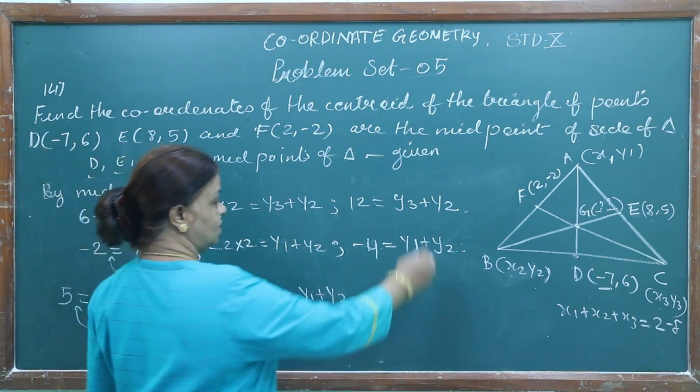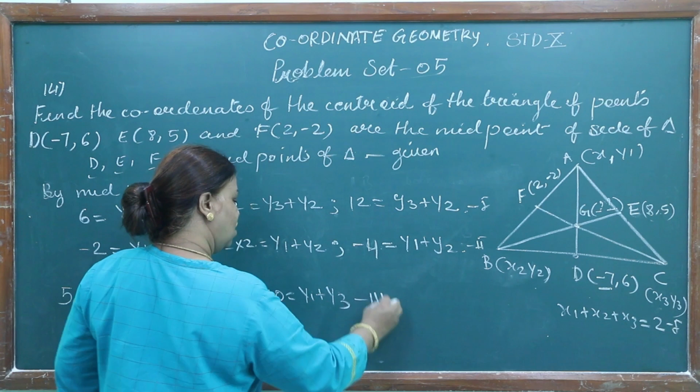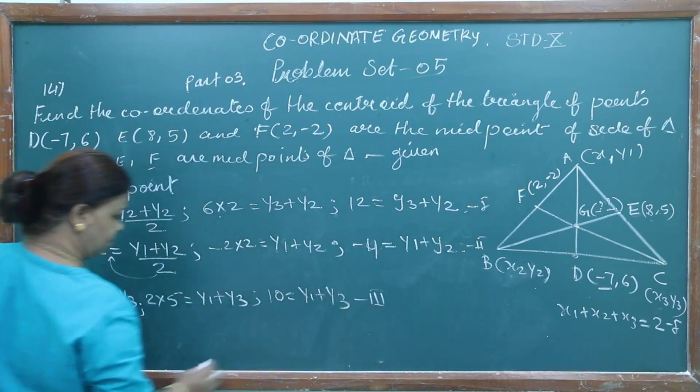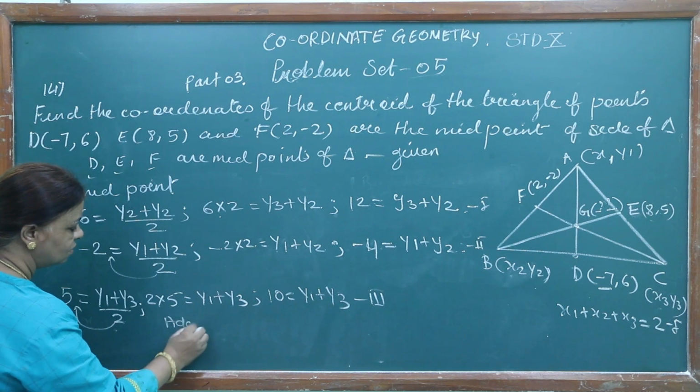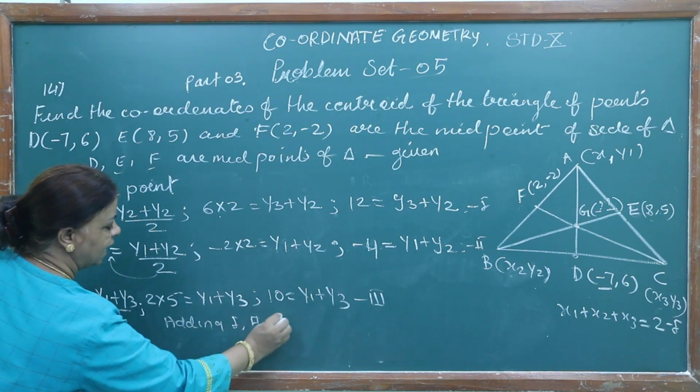Now see children, this and this we will add. Now children, we will add 1, 2 and 3.